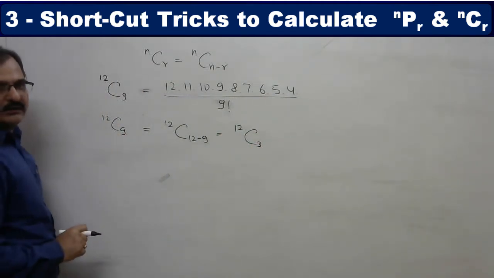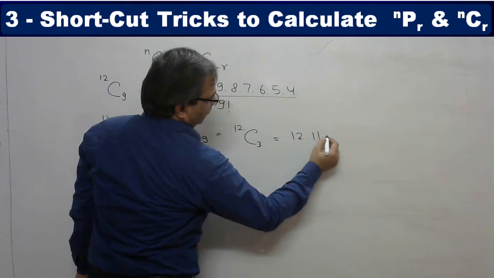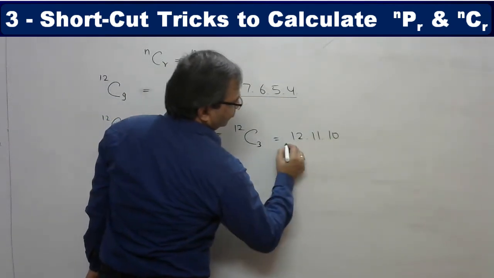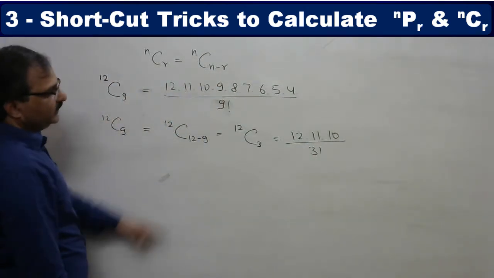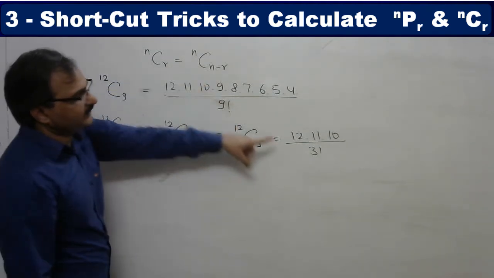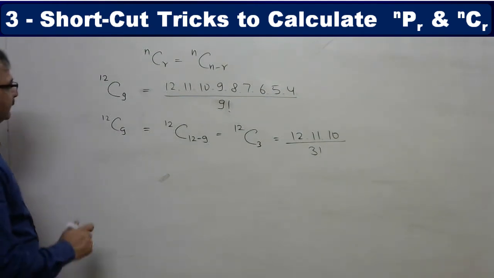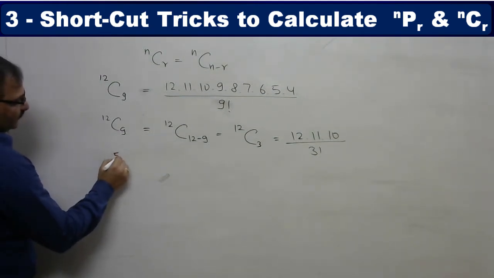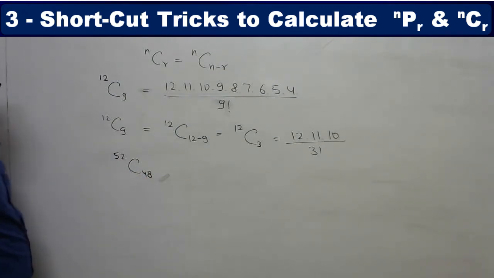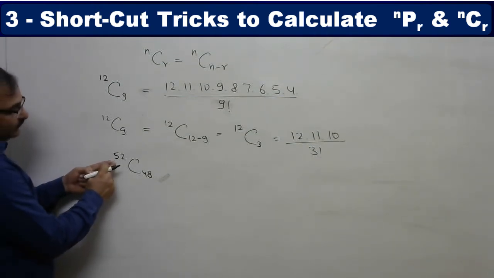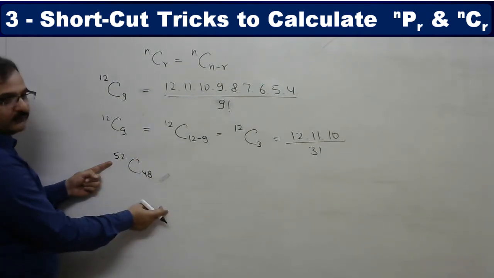12C3. Now according to the trick that we have studied, 12C3 will be equal to 12 into 11 into 10, that is 3 numbers in decreasing order beginning with 12 upon 3 factorial. And if you simplify, you will get the same value for this and this. Similarly, in a question based on playing cards, suppose you have to calculate 52C48. It is not sensible to write down 52, 51, 50 and so on, 48 numbers upon 48 factorial.